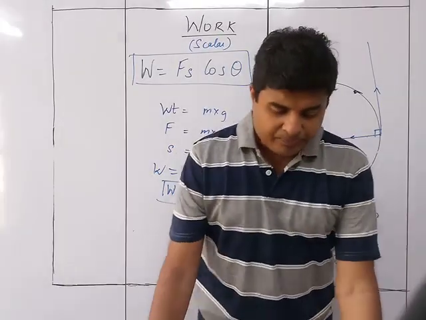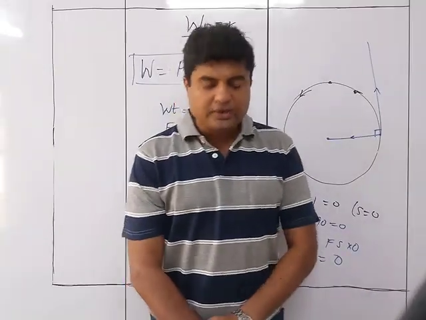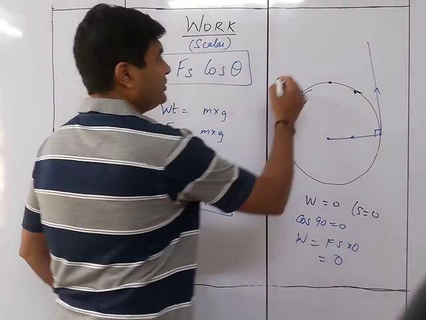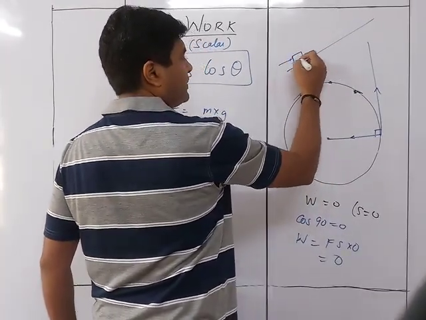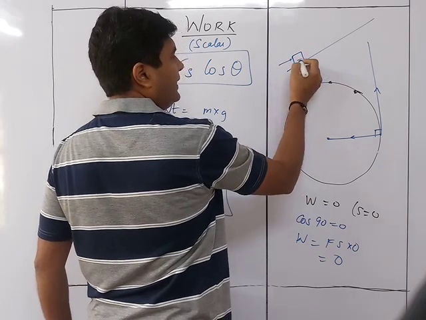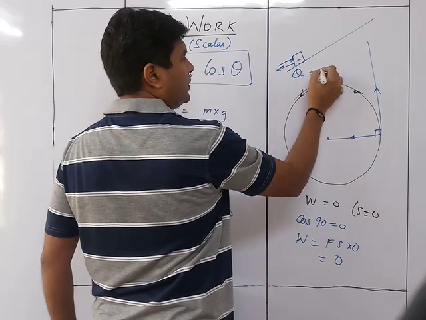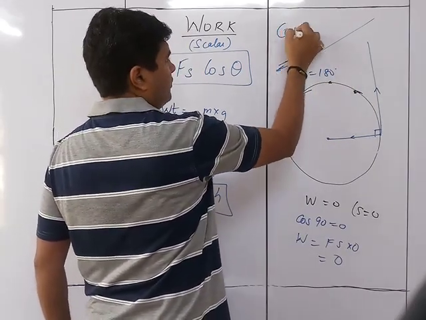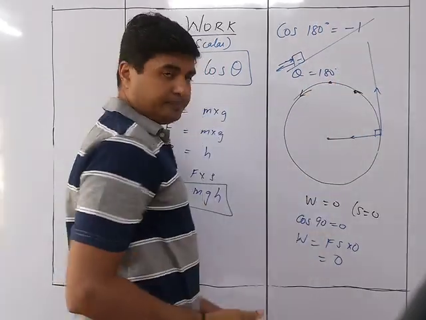So that's why you can see that when the displacement is in the direction opposite to the force, then theta over here, that means you are trying to move this thing on this particular plane, but वो जा रहा है exactly उल्टा way. That means the theta over here will be equal to 180 degrees, and this is very important for you to know that cos 180 is nothing but -1.